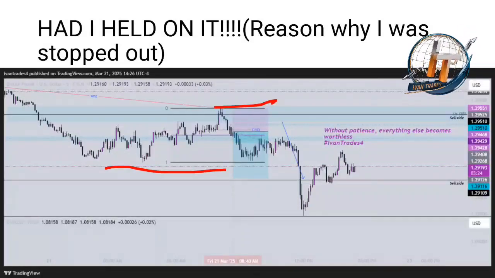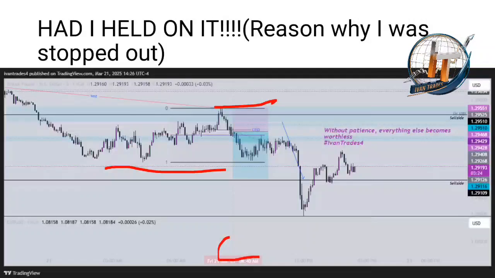The low is to the far left side. I think it's the Asian low. So the price was just retesting the equilibrium of the range, and I trailed my stops a little bit.